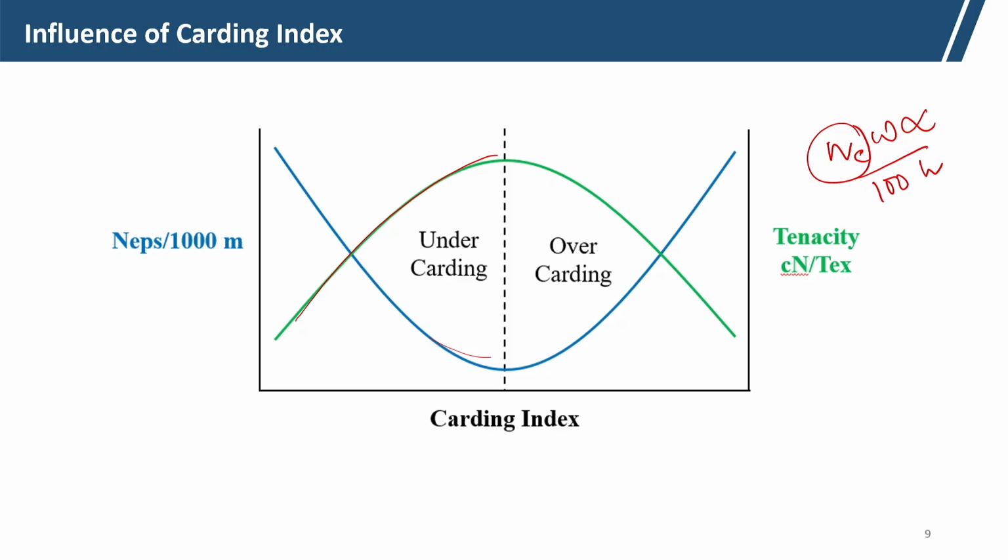But if we keep on increasing it to a higher extent, there will be a higher load on the cylinder and nep formation will occur. As the neps form, fibers get entangled, so tenacity will also reduce. So, the optimum value of the carding index is where you have minimum neps and maximum tenacity.